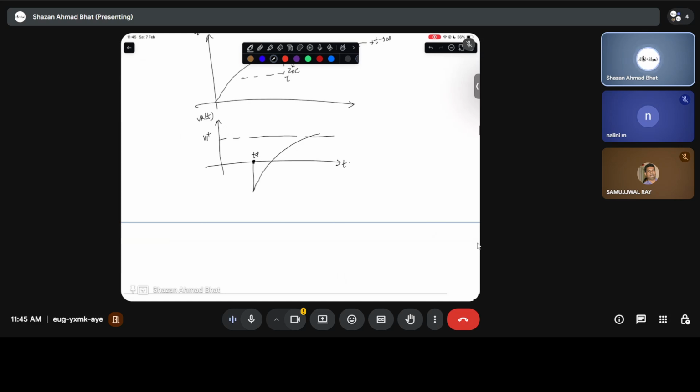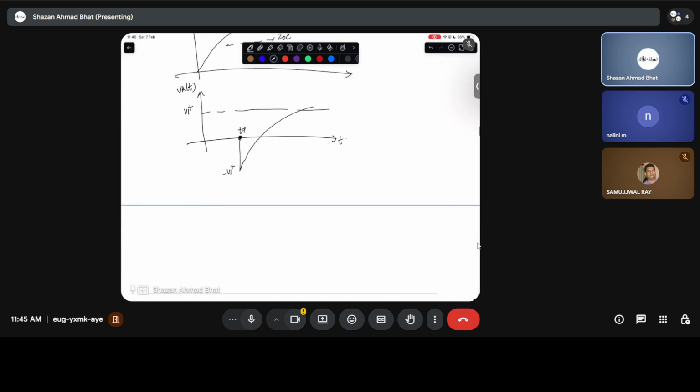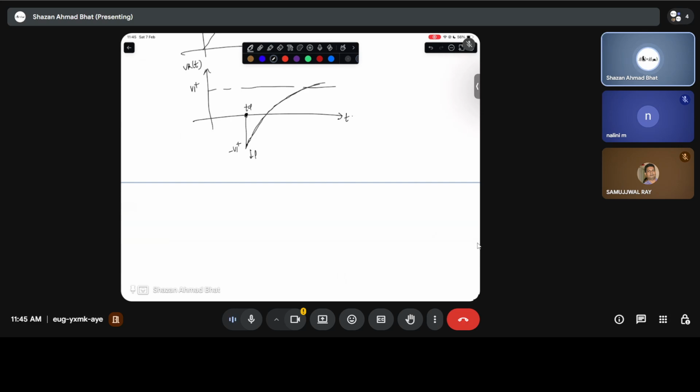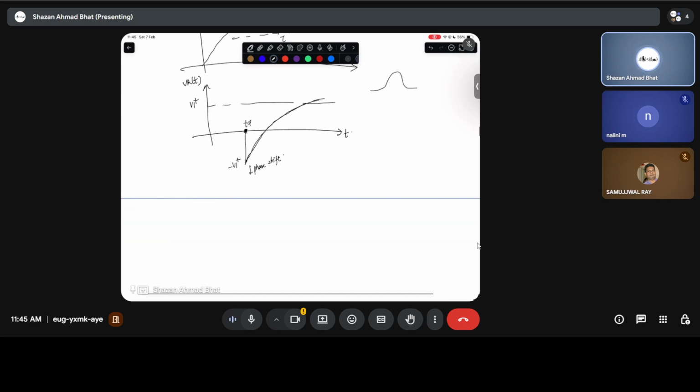This negative spike is minus v1 plus, and it implies that there is a phase shift in the voltage signal. That's what I was talking about: if you send a voltage pulse like this and your reflection coefficient is negative, then you are going to get a voltage pulse like this back.